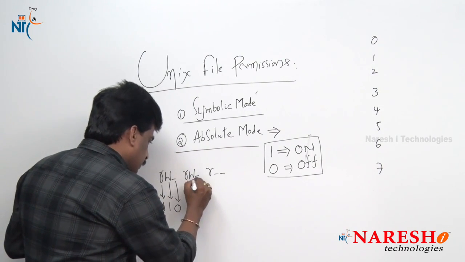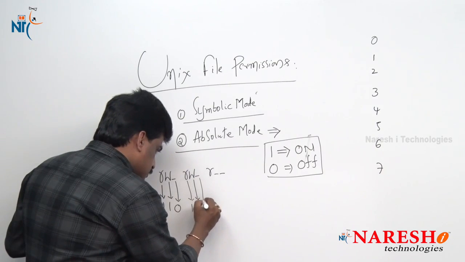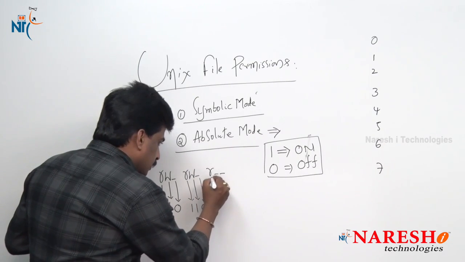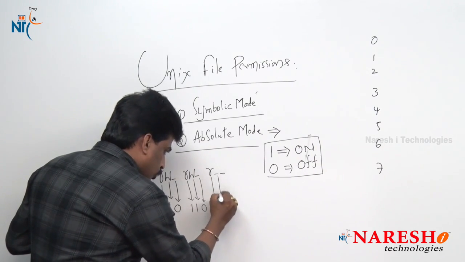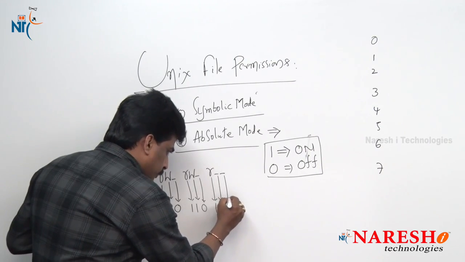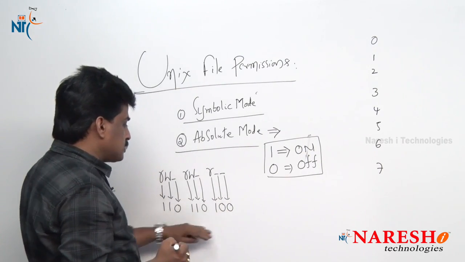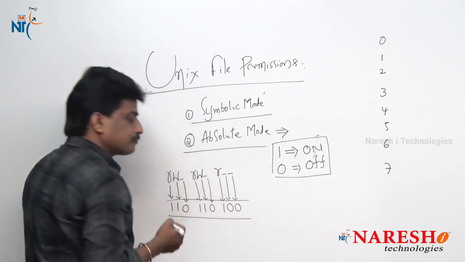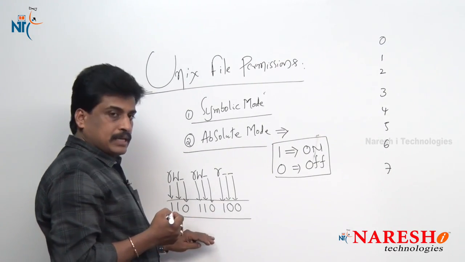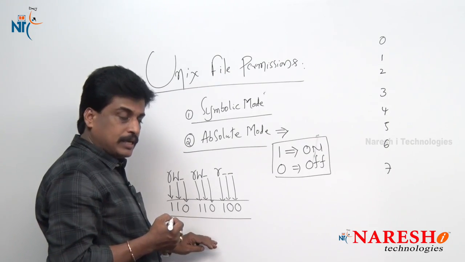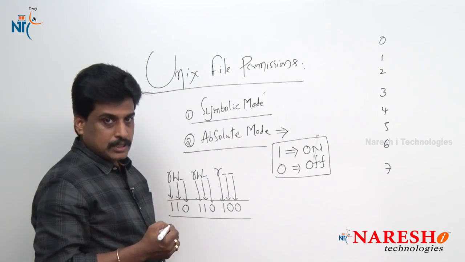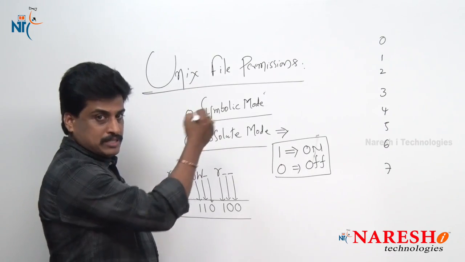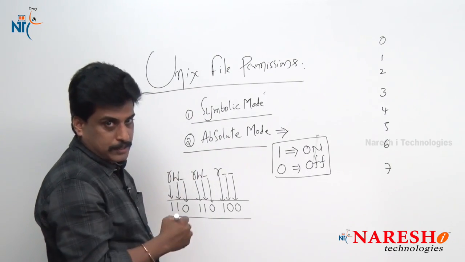Read 1, write 1, no permission 0. Read 1, no permission 0, no permission 0. All these are binary numbers. These binary numbers we will convert into octal format. Then we get how the octal number system principle works.